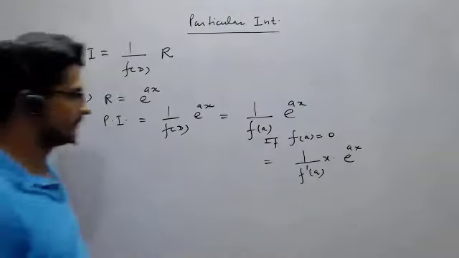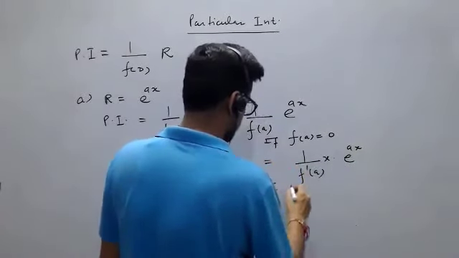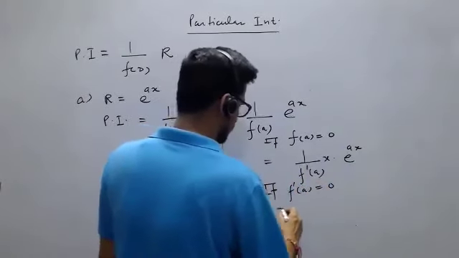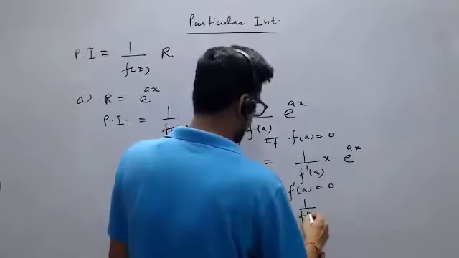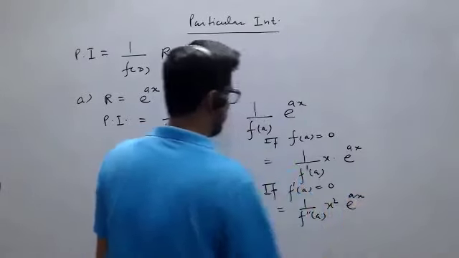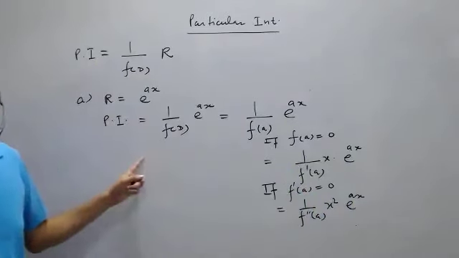So if f dash a is also 0, then the particular integral will be 1 upon f double dash a, x square e to the power ax, like that.